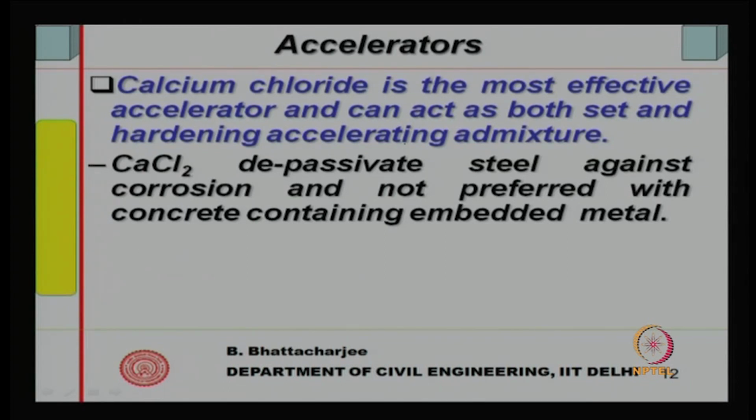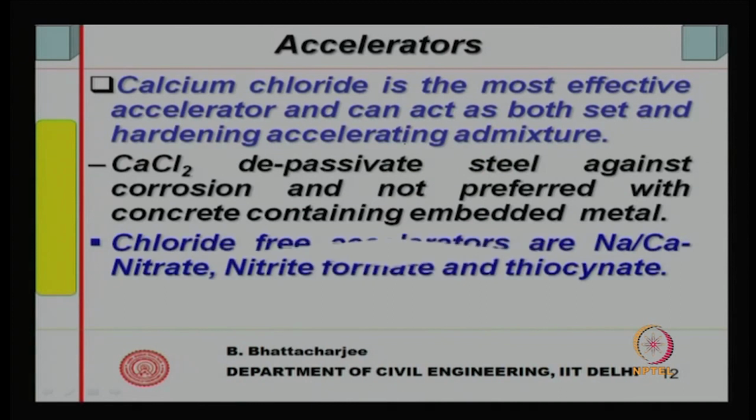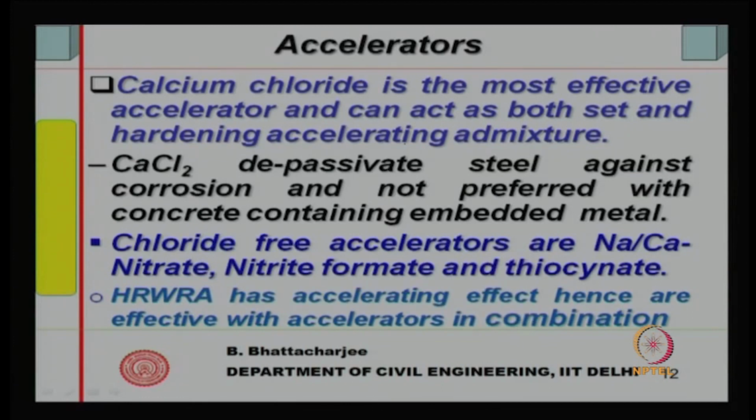That is why, if you have embedded steel in concrete, calcium chloride is not the preferred admixture. In fact, it is not used anymore. Chloride free accelerators are what is preferred. These are sodium or calcium nitrite, nitrate, formate and thiocyanates.